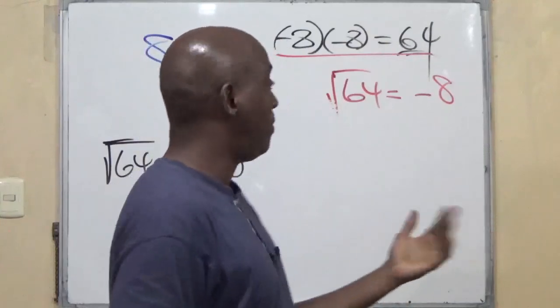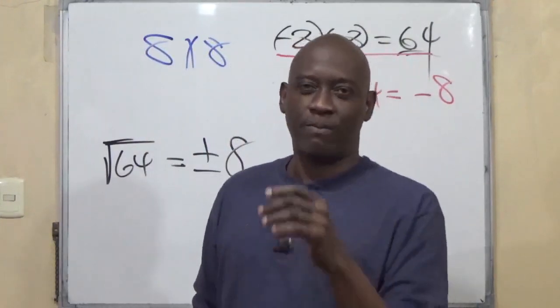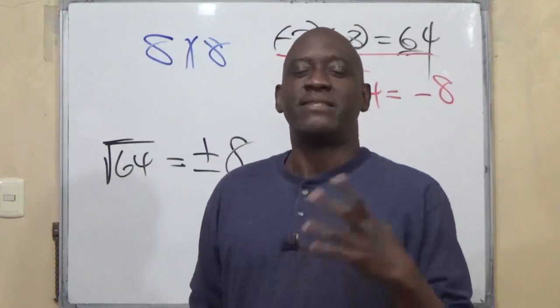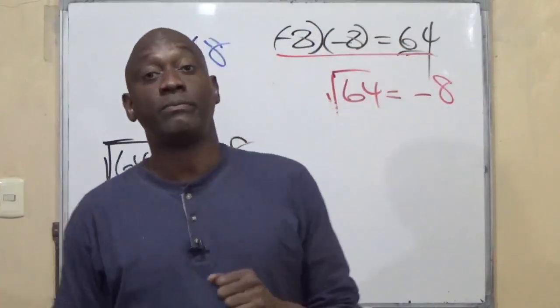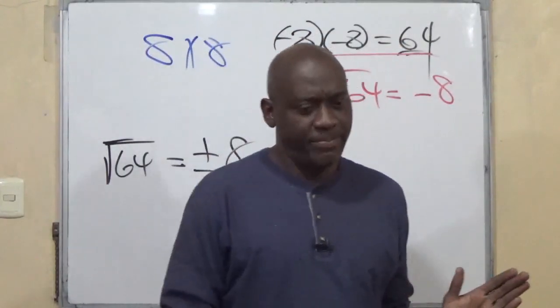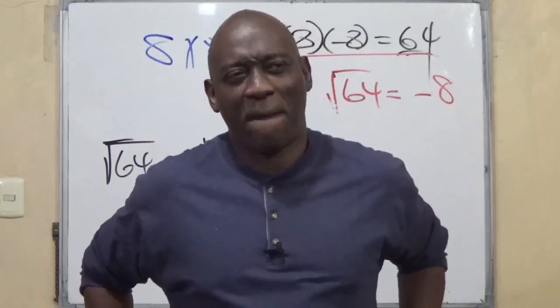The square root of 4, plus or minus 2. The square root of 36, plus or minus 6. Etc. etc. Alright? So, we're getting deeper into this thing. The negative sign. Serious business.